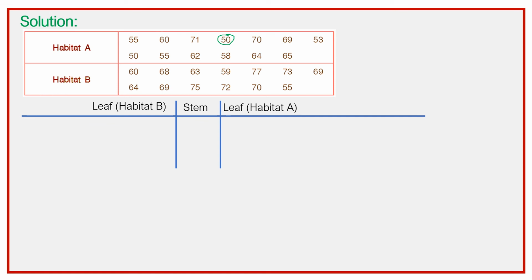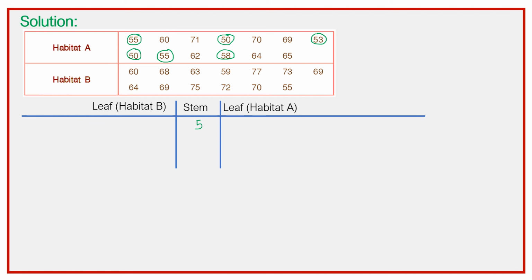So we write 5. So other 50s, we have 53, we have 58, we have 55, we have 50, we have another 55.